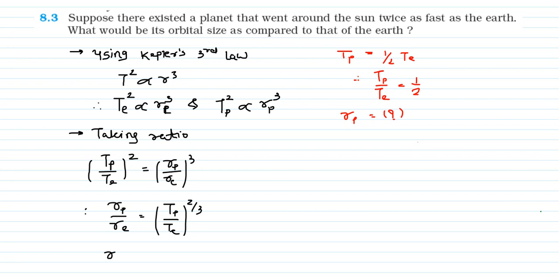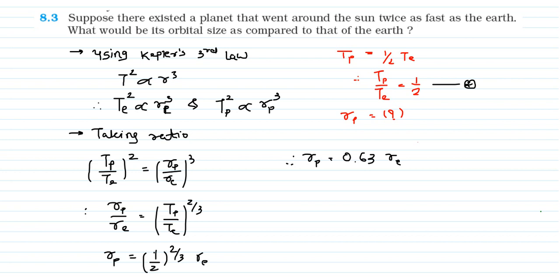Therefore, Rp is equal to Tp upon Te, which we saw is 1 by 2, to the power 2/3, into Re. When you solve this, you will get 0.63 Re.